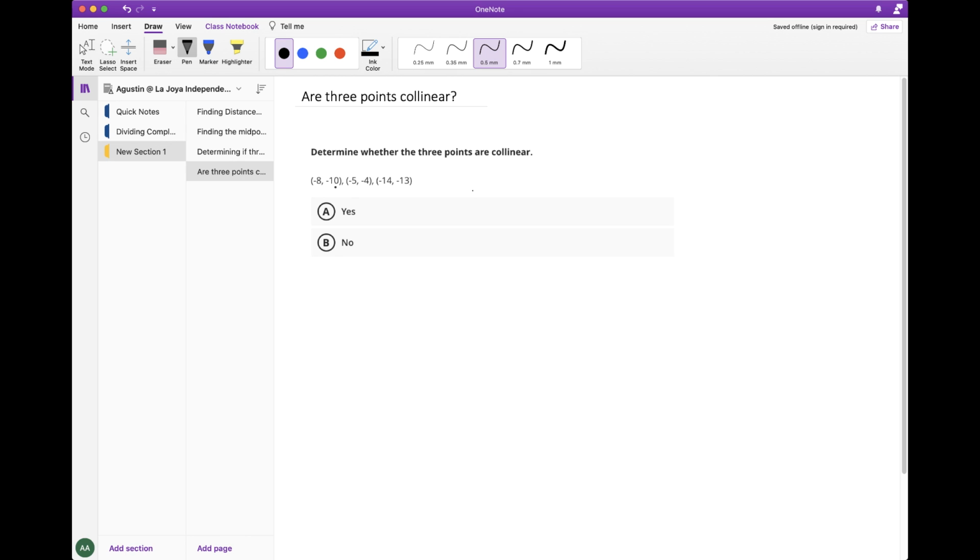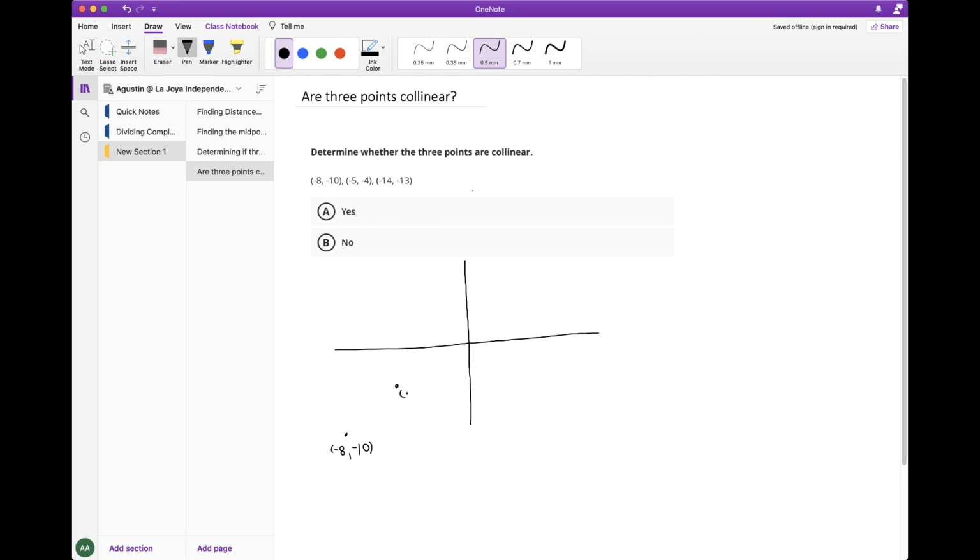It would help to draw these out because I need to know which one is where, in order from left to right. So the point -8, -10, somewhere way over here. Then I've got -5, -4, somewhere in here.